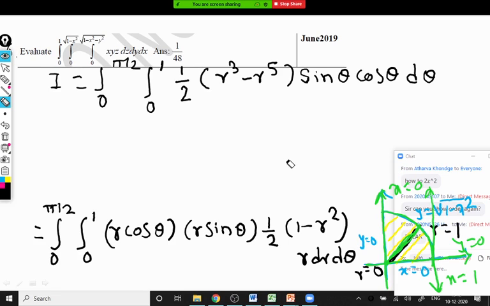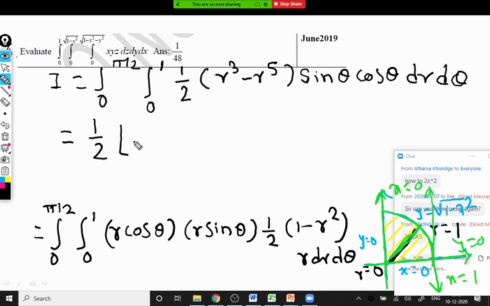Now the integration with dr d theta, my mistake. Let me integrate with r and with theta simultaneously, because it is a function of r times a function of theta. Whenever it is a function of r into a function of theta and the limits are constant, you can do that. So 1 by 2 as it is.